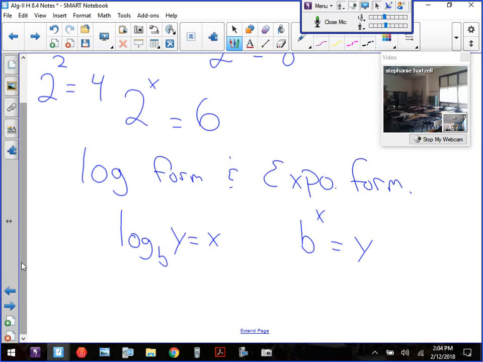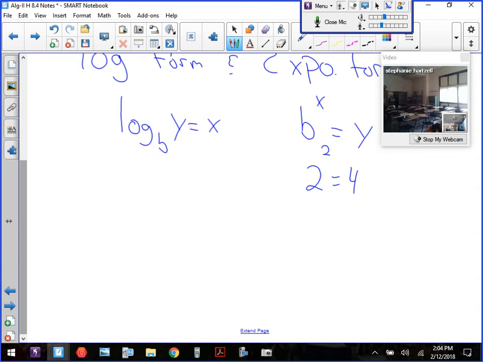Exponential. It says this 2 was my base, the other 2 was an exponent, and it equaled some value 4. So exponentially, that would look like 2 squared equals 4. So I could say that log base 2 of 4 is 2.